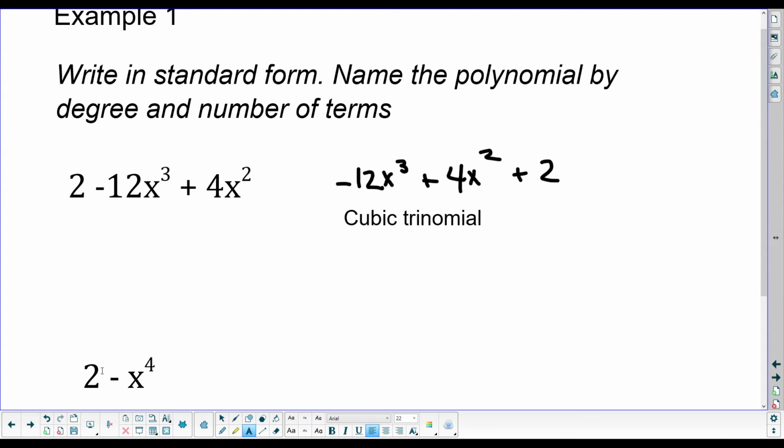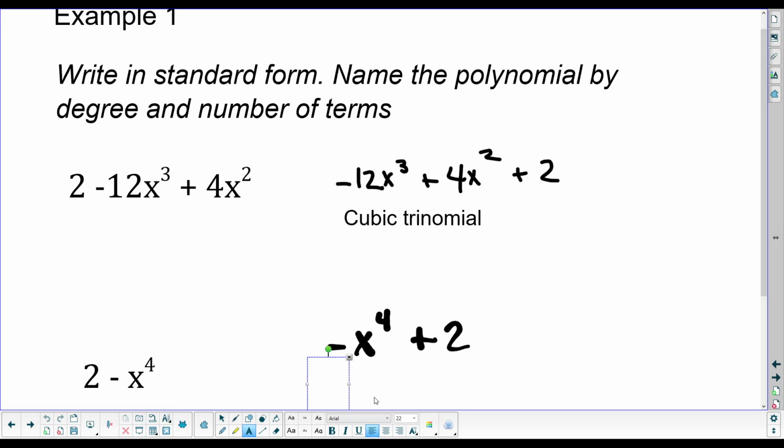If I look at this one, there are only 2 terms, so it's pretty easy to put this in order. The x to the 4th term is going to be first. This is a negative, so this is going to be negative x to the 4th plus 2.